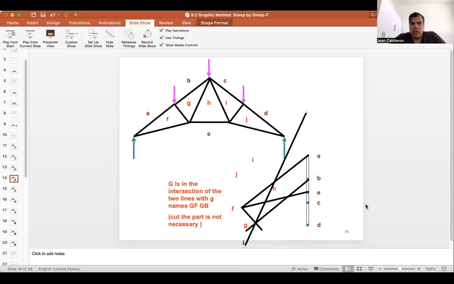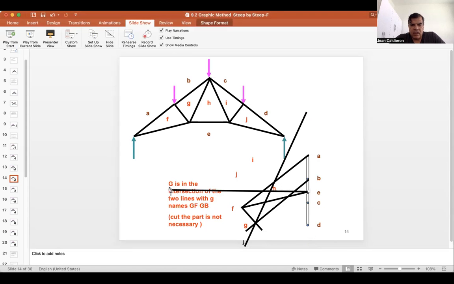Okay? And the next element that could help for this particular case can be HE. Look, HE is a vector that starts in H, so it is a line that starts in E, and it's very long.